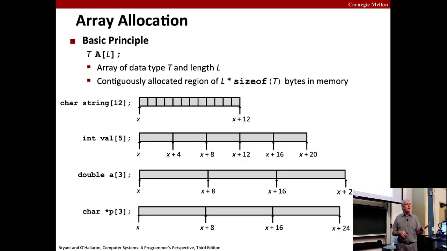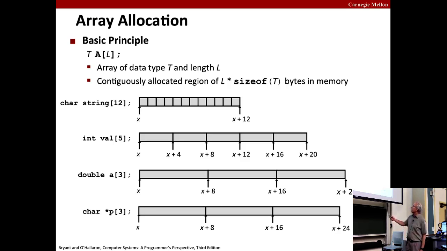An int takes 4 bytes, so to have an array of 5 ints takes 20 bytes. You get the idea. You just multiply the size of the underlying data type by the number of elements, and that's how big the array has to be in terms of bytes. And we've already seen that a char is 1 byte, an int is 4, a double or a long would be 8 bytes, and so would be a pointer. So those are all different amounts of storage.